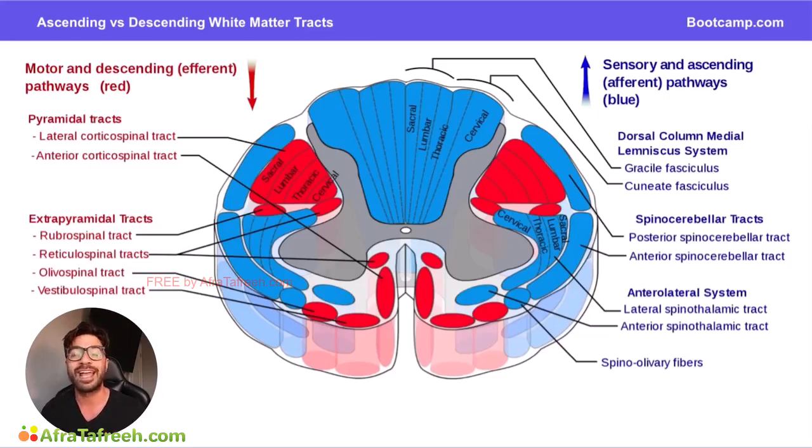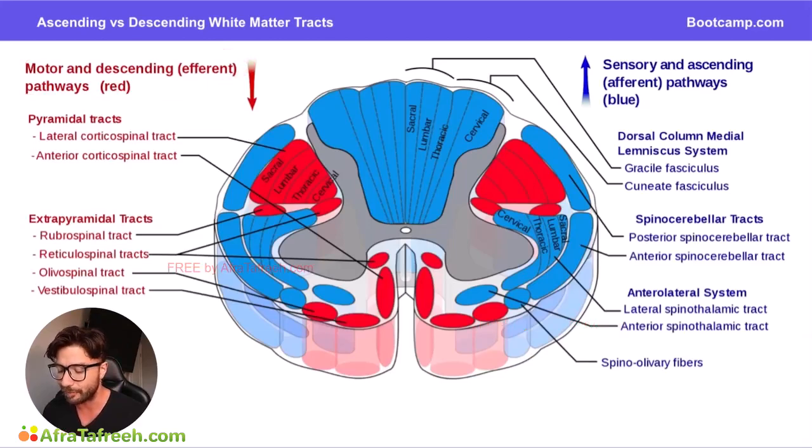We're going to have ascending spinal tracts, which are carrying sensory information from the body up to the higher cortical areas to be processed. We're also going to have descending tracts, which are carrying motor innervation from the higher cortical areas down to the body to go and perform a certain function. So you can see on this diagram, we have all our motor descending pathways, or efferent pathways.